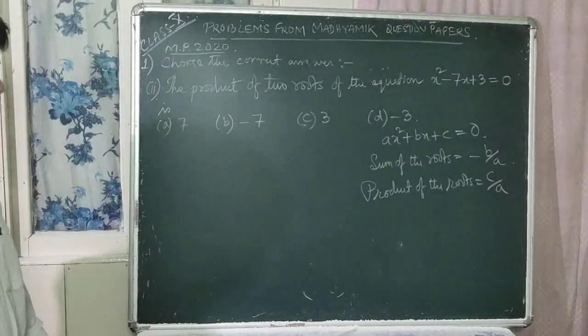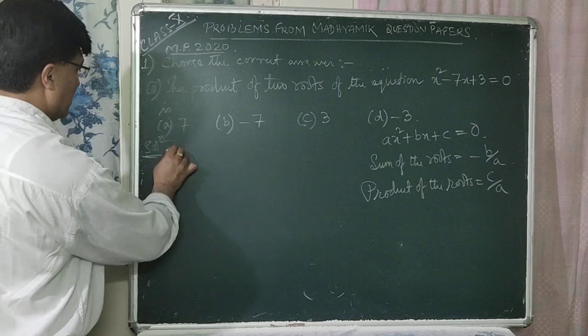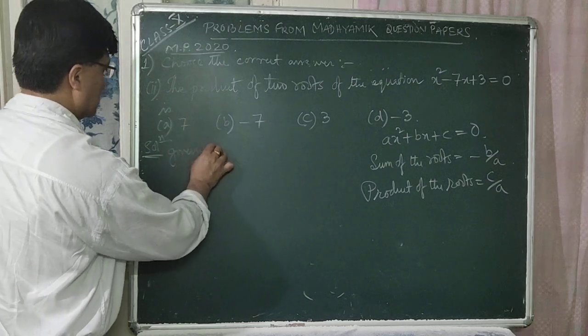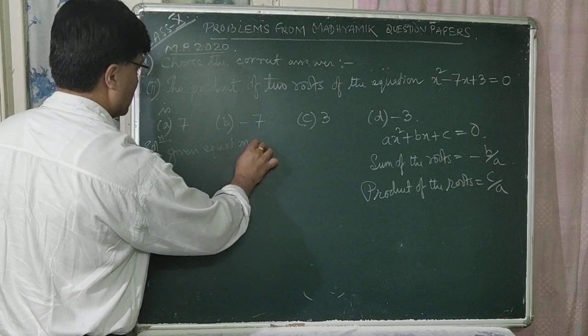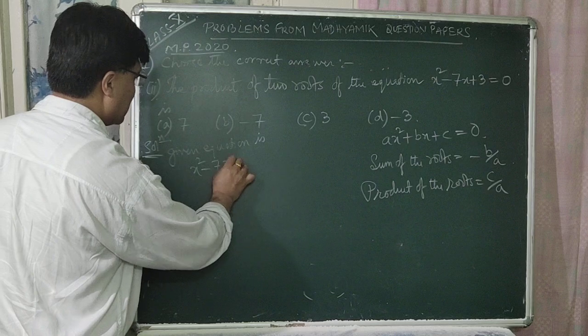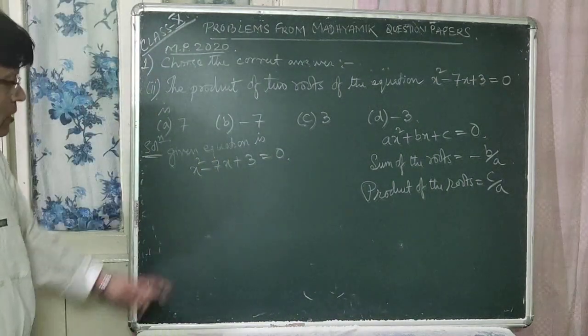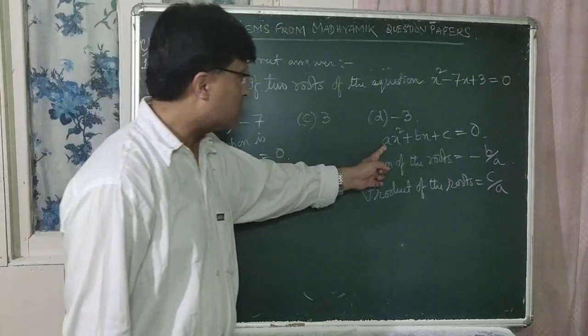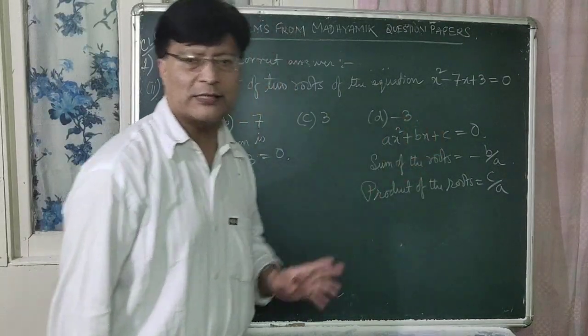So now the solution. The given equation is x square minus 7x plus 3 is equal to 0. Now a is the coefficient of x square, b is the coefficient of x, and c is the constant term.